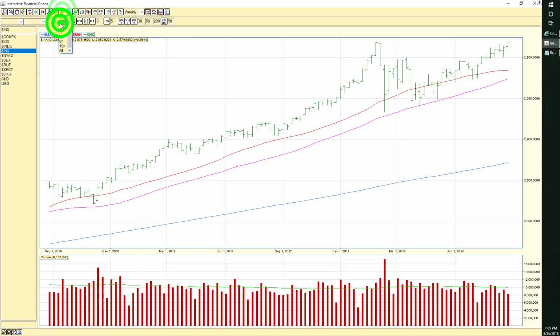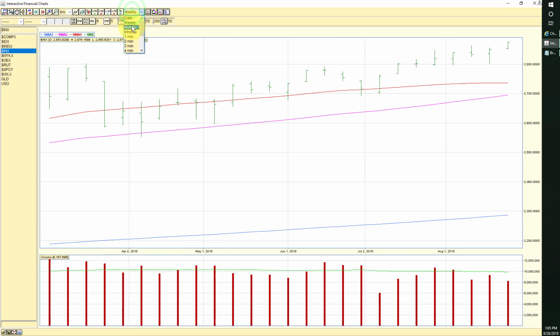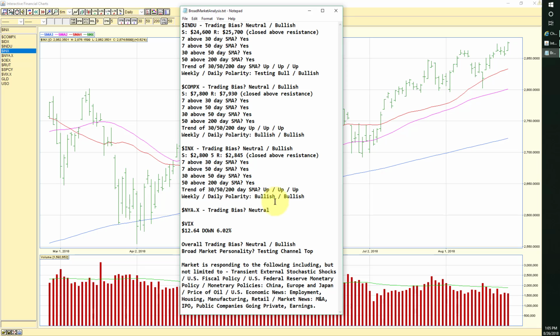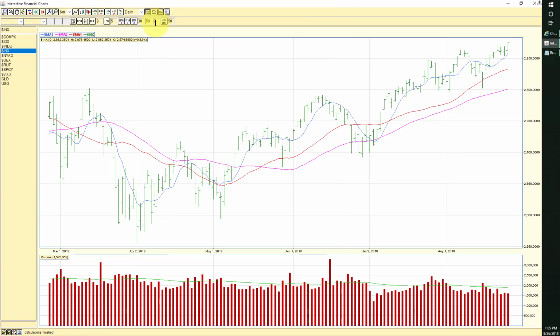Again, we'll see what happens when investors and traders alike return to their trading session. Still, we've got higher highs and higher lows, so our polarities remain bullish. Our simple moving averages are all trending up.